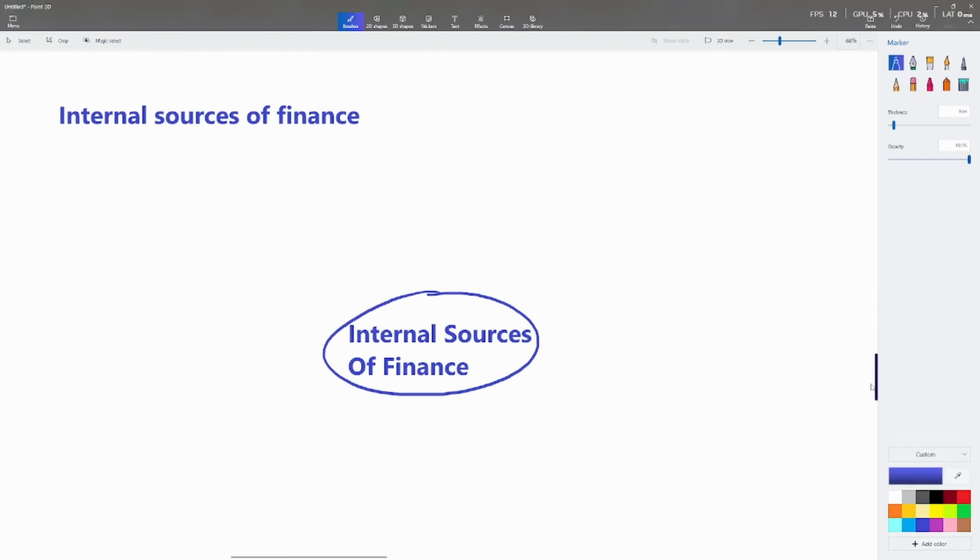So let's do sources of finance as well. Topic 3.2. Internal sources of finance usually fall into three categories. The first category is the business's profits.